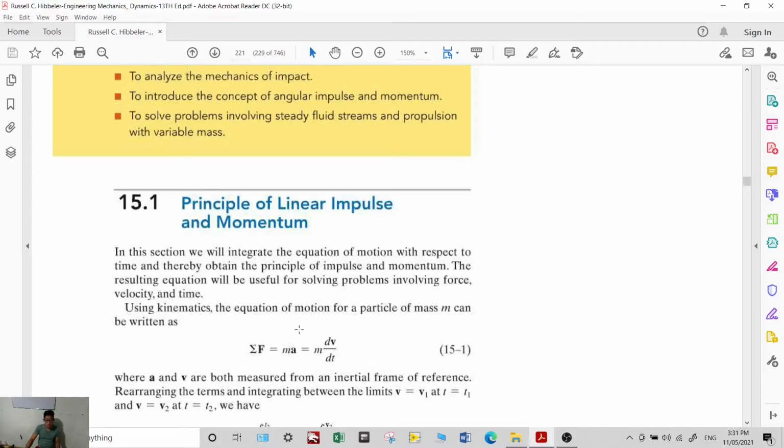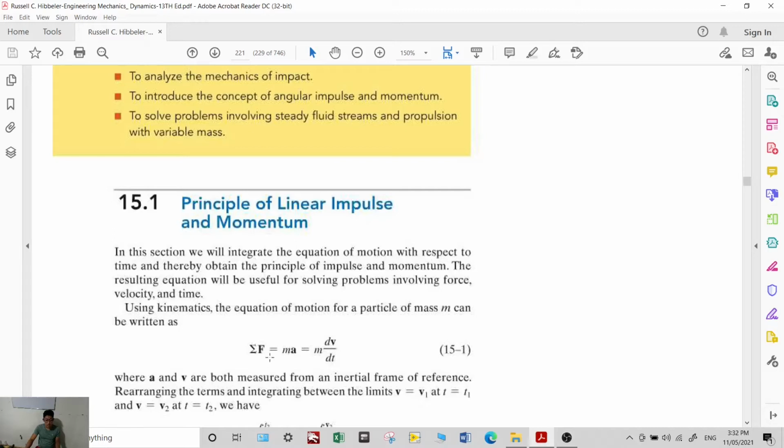And the constant of proportionality is the mass. So therefore, you have the summation of forces equal to mass times acceleration. But we can write this acceleration term in terms of dv over dt.